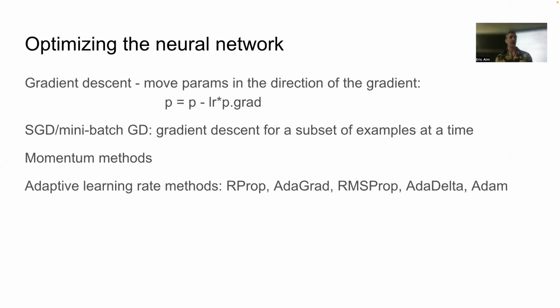I take my parameter and subtract the gradient of the parameter times some learning rate. If I'm doing that in principle on my entire data set, then I'm doing gradient descent. In practice, I'm always running in mini batches, in this case 32 at a time.